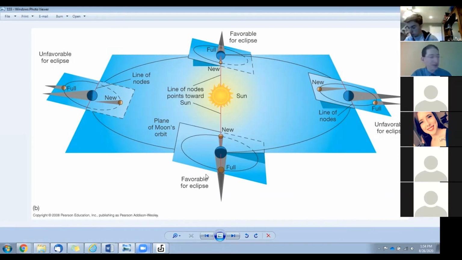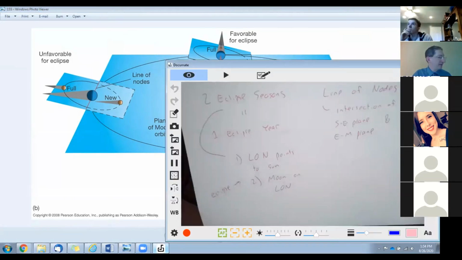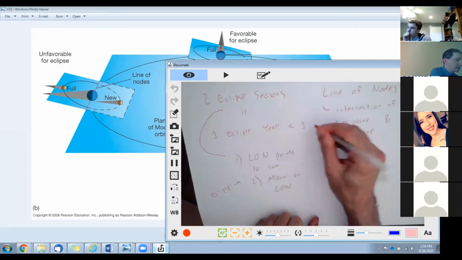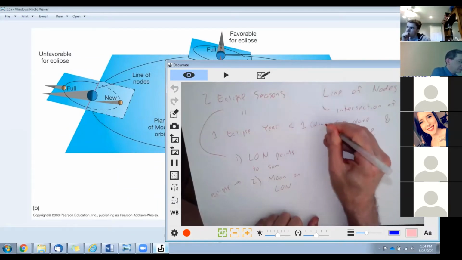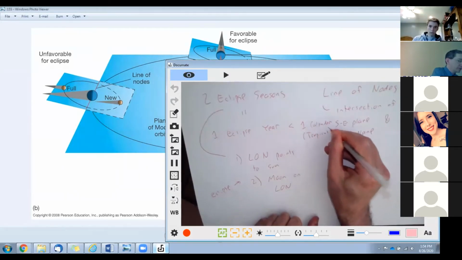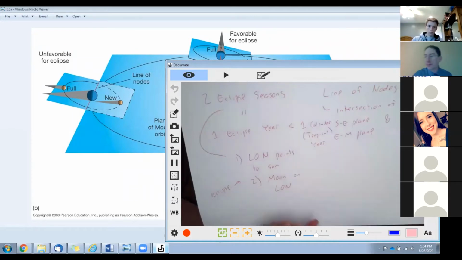And that's not actually the case. 2 eclipse seasons is 1 eclipse year, and the eclipse year is less than 1 calendar year, which is also called a tropical year. Just some terminology. Tropical year is the technical term for our calendar year. Calendar year is 365 days.